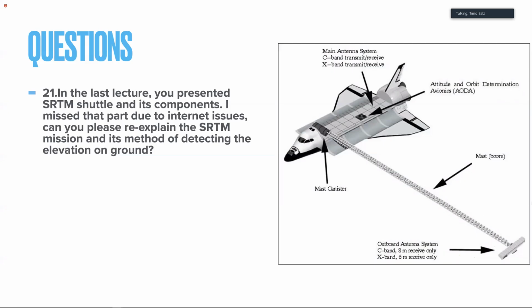You just need to make sure that there is a significant difference in position between the two receiving antennas, and that's achieved here by this mast.